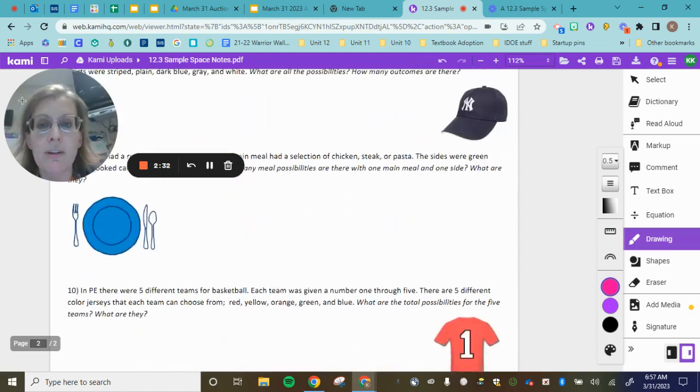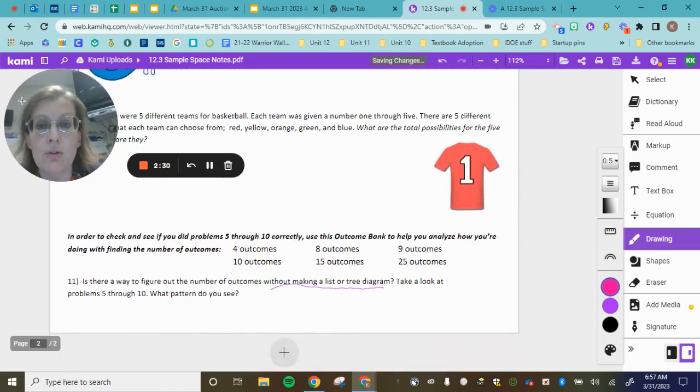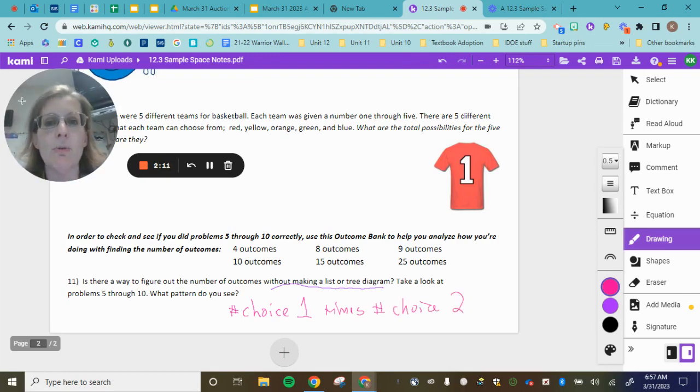So there is another way that you could use. There is a shortcut way that you could use to find all your possibilities. You could multiply the number of choices 1 times the number for choice 2. Here's why this is important for you.